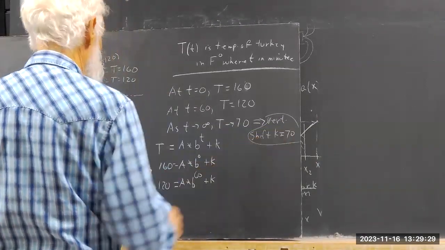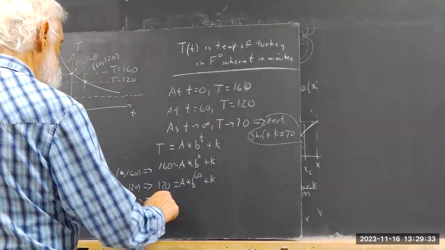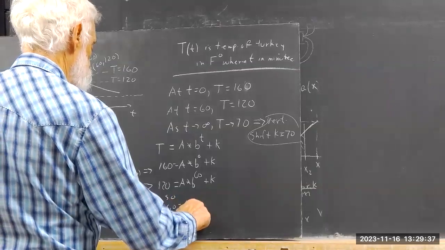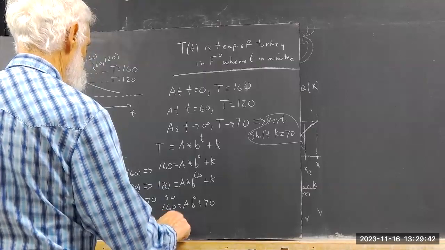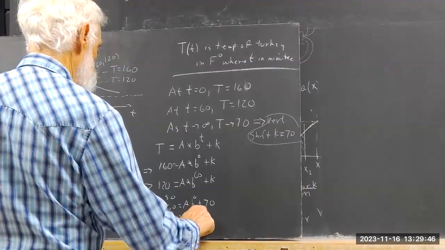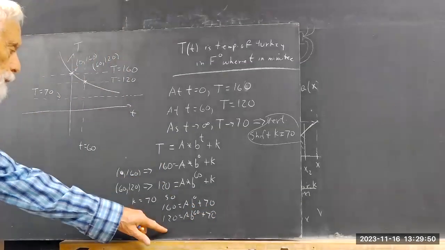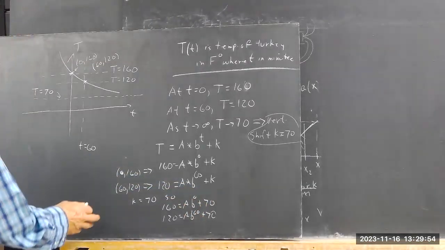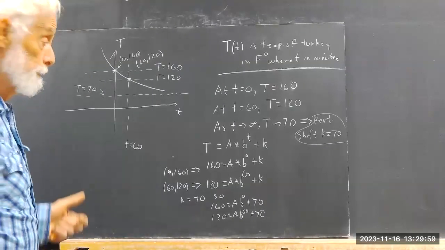So k equals 70. So I just write the same two equations down, but k is now 70. Now, how do we solve these equations? Same steps I used last time.